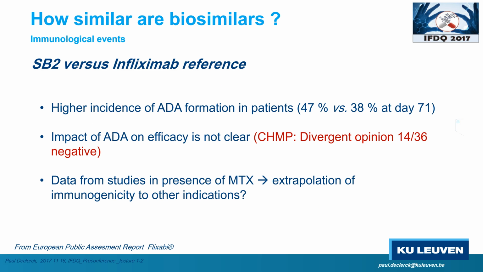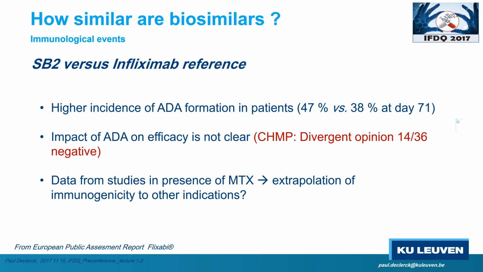We may skip this one. This one is a very important case, which illustrates that the evaluation of a biosimilar is not always a black and white situation. So what do we find in the European Public Assessment Report when they describe the approval process and the properties of the biosimilar SB2 versus the reference product infliximab?